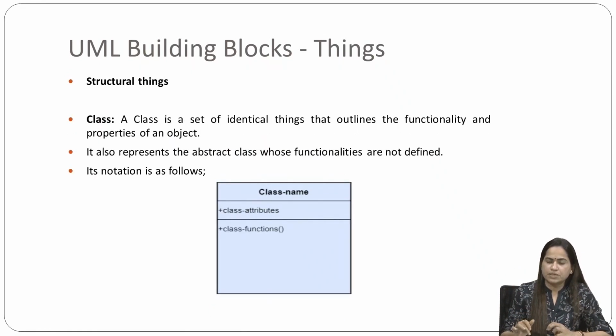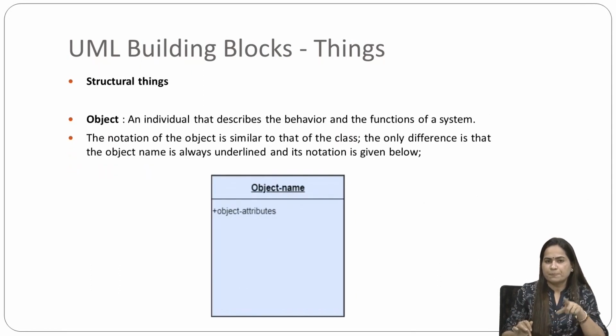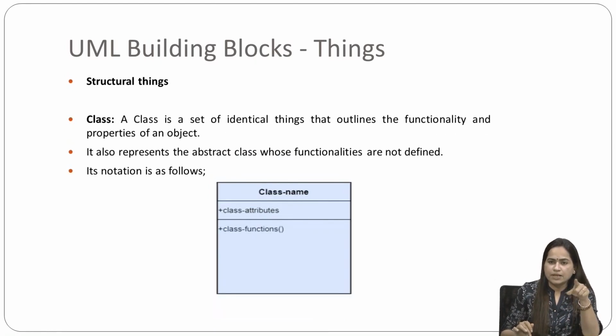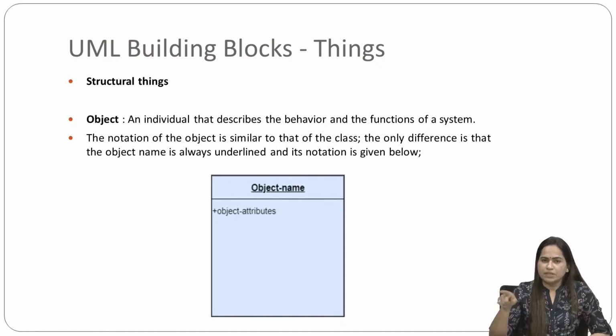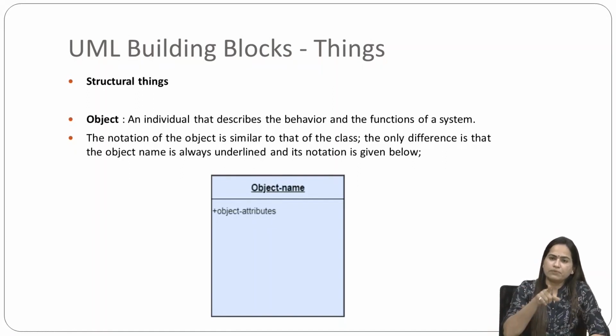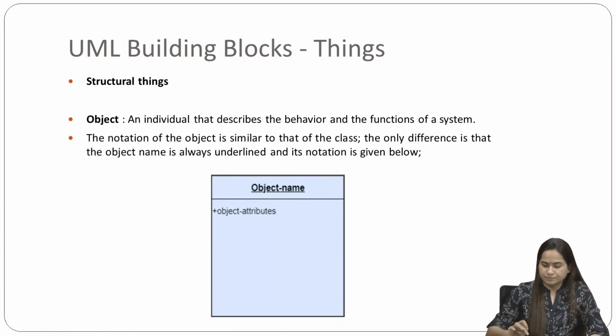Here you can differentiate. The symbol is the same for class as well as for object, but the difference is that in class you have only the name of the class without any underline, whereas here we have the object name with an underline. It differentiates it from the class.